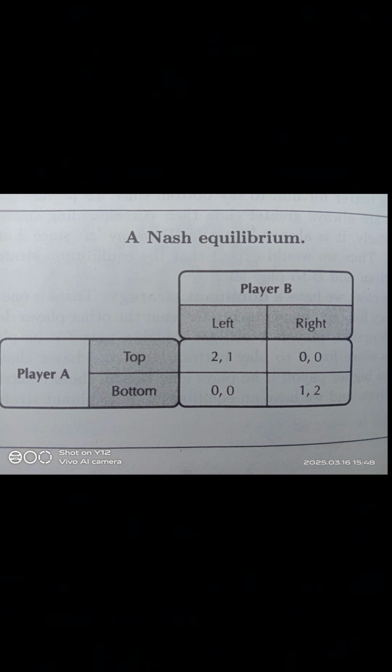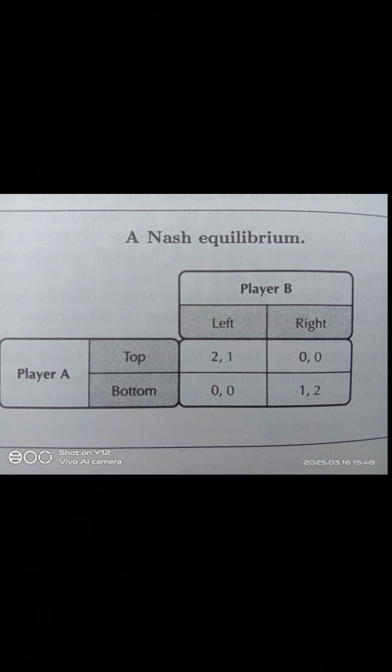So clearly, if A's choice is known, B will choose his strategy. Similarly, if B's choice is known, A will choose his strategy. So in one sentence we can say that Nash equilibrium is that each player is making the optimal choice given the other player's choice.